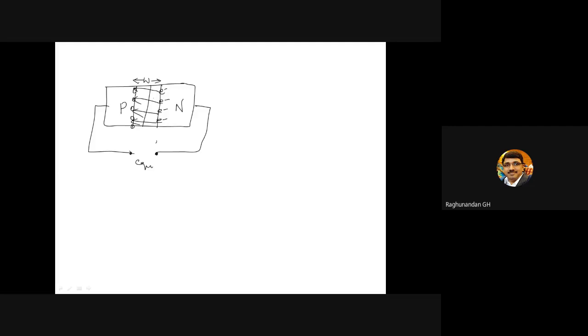Like this, a very small amount of current will be flowing because of the electrons across the terminals of the P and N layer. Because of those charges, they are going to exchange, there will be movement of charges.